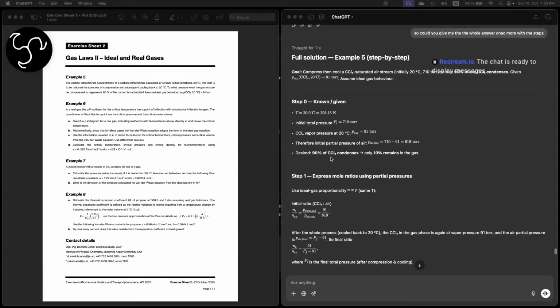These are 90% of carbon CCl4. Only 10% remains in the gas. Okay. Express mole ratios using partial pressure. Use ideal gas proportionally.